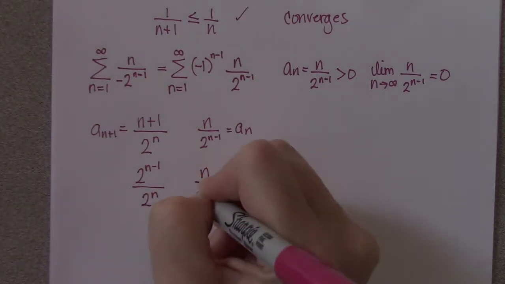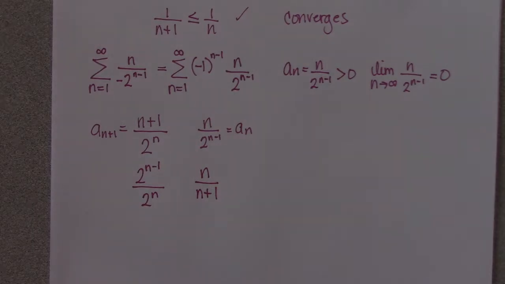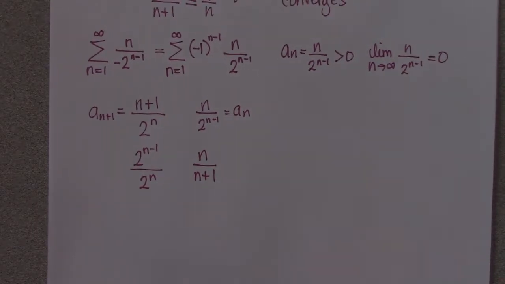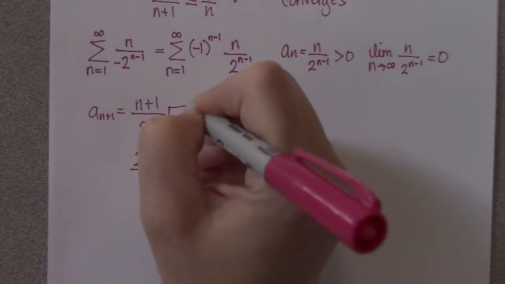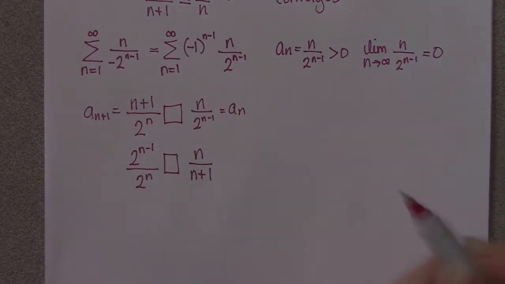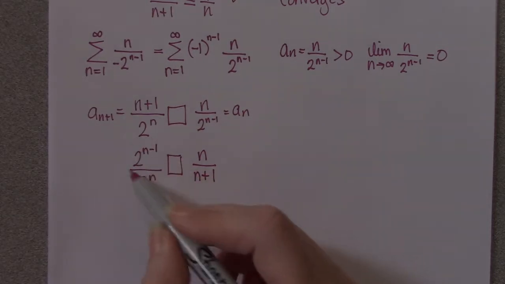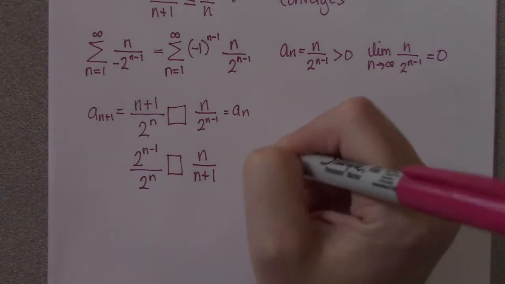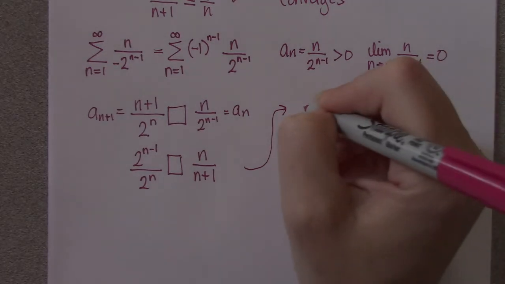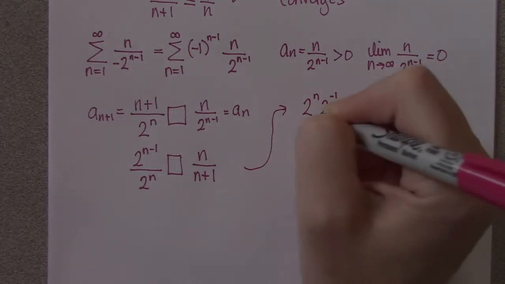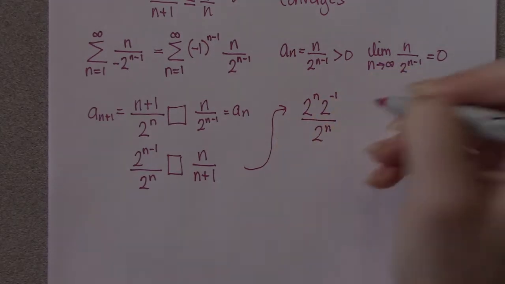How does that compare to n over n plus 1? Furthermore, I'm going to take this guy right here and break it up. So we're just going to continue this over here. So I can say 2 to the n times 2 to the negative 1 over 2 to the n.